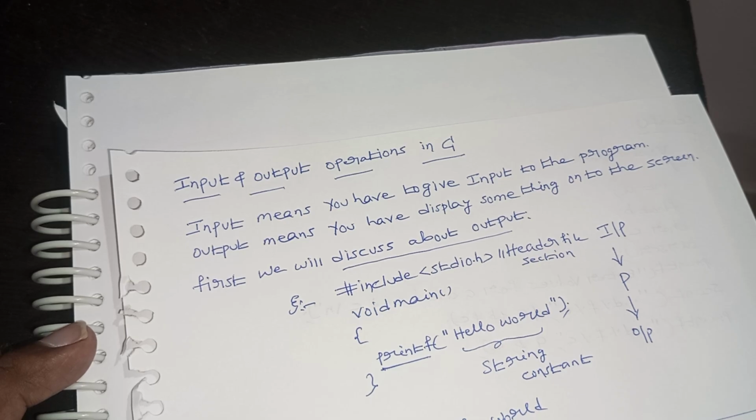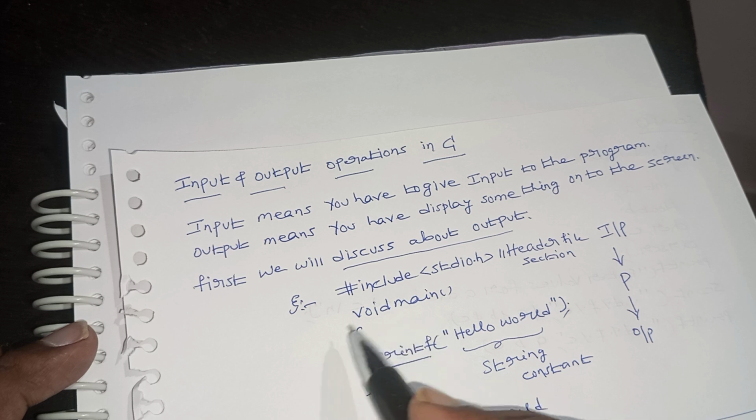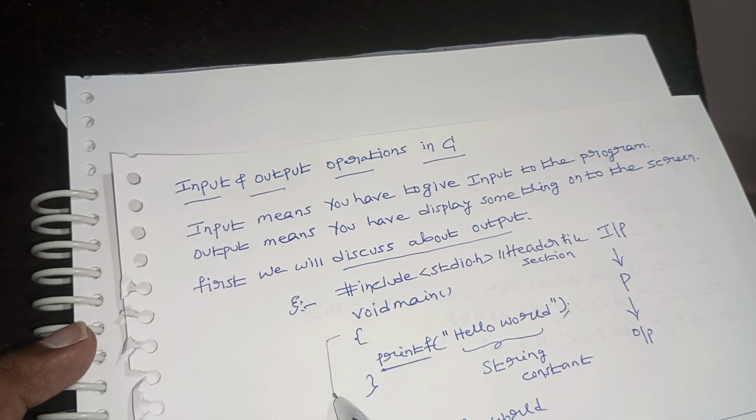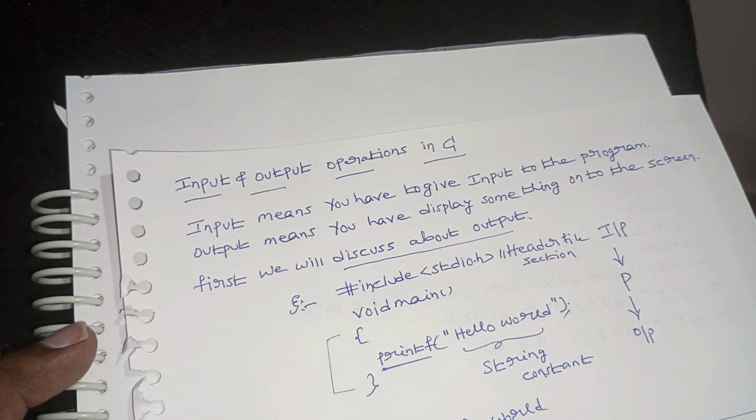For example, this is the main function, and from here to here I am having only one statement. What is the purpose of this program? The purpose of this program is to print a hello world message onto the screen.